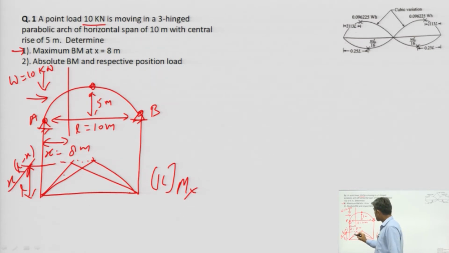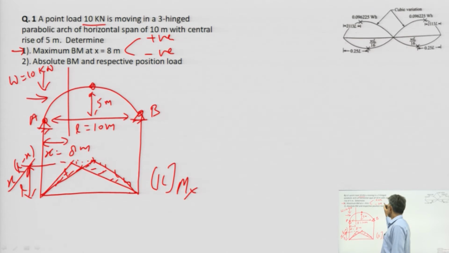This is for positive, this is for negative. This hatched area is the IL for Mx. So, here we will have maximum positive and maximum negative both.